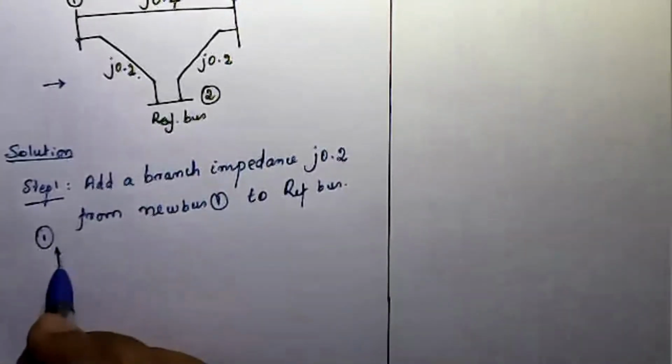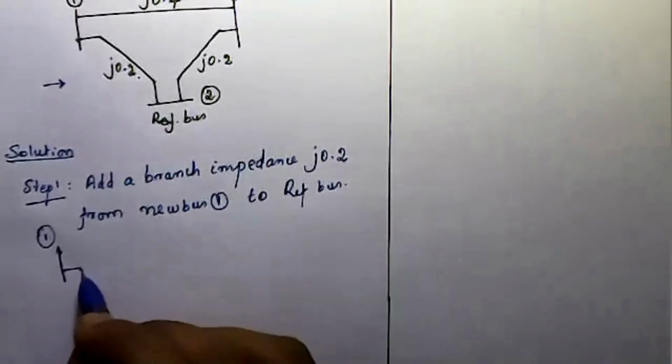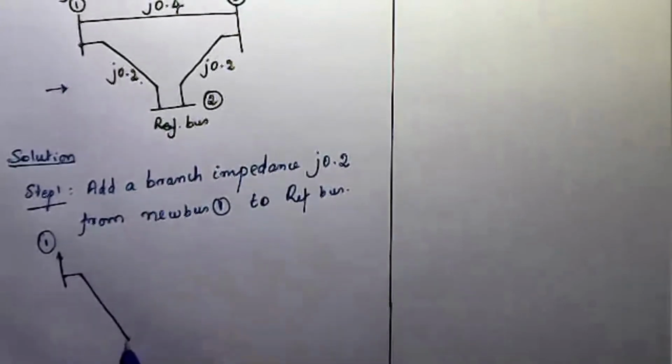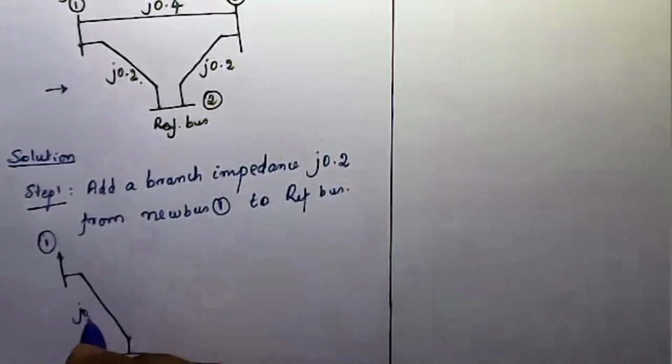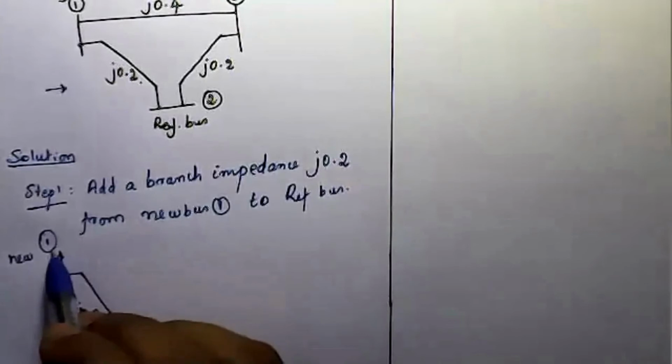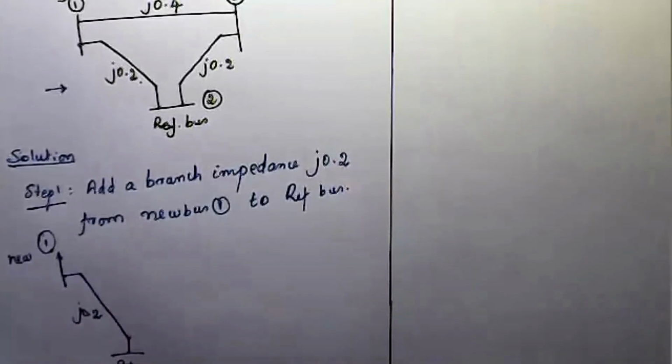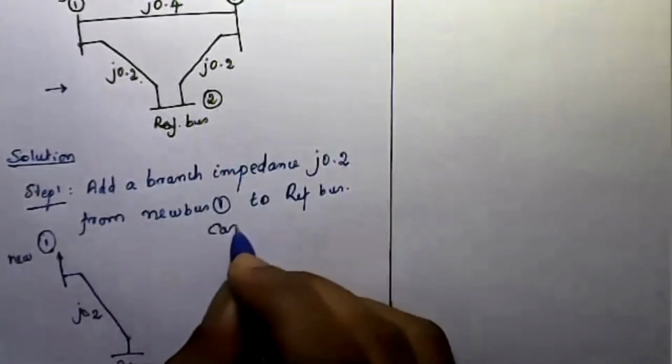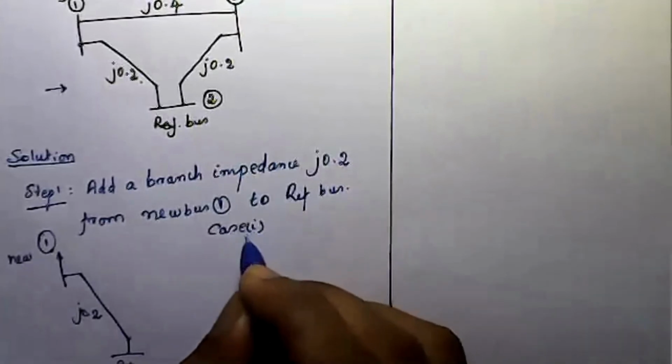I draw the reactance diagram for this case. This is the new bus, because the first bus is introduced in this step. This is the reference bus. This comes under case number 1.